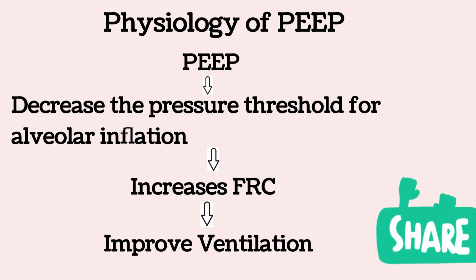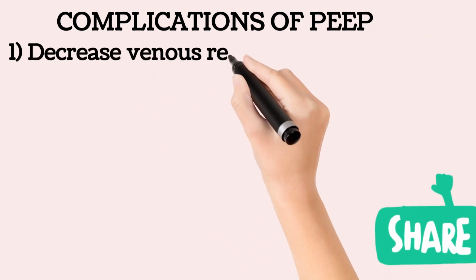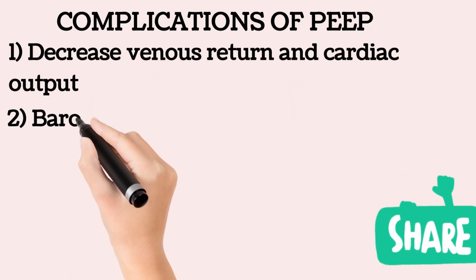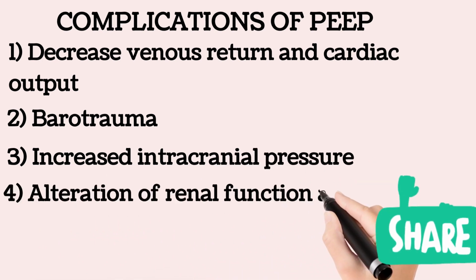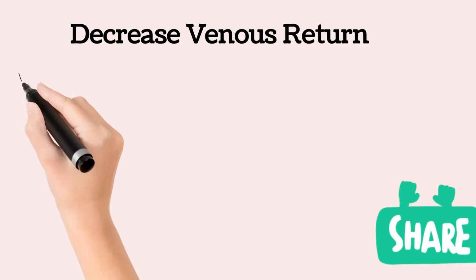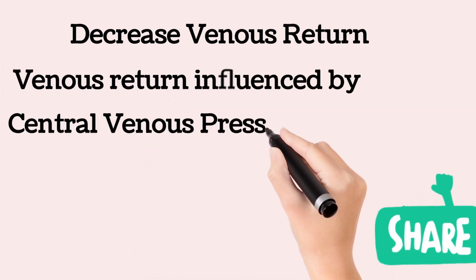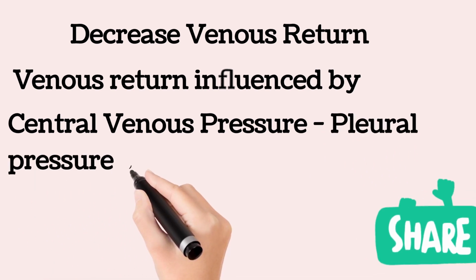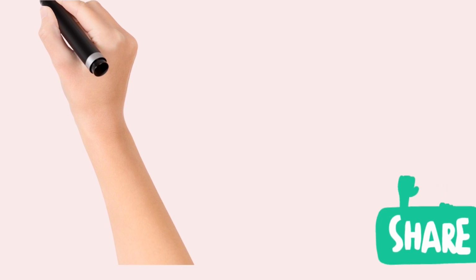Complications and hazards associated with PEEP include decreased venous return and cardiac output, barotrauma, increased intracranial pressure and alteration of renal function and water metabolism. When there is normal intravascular volume, venous return to the right atrium is influenced by the difference between the central venous pressure and the negative pleural pressure that surrounds the heart.